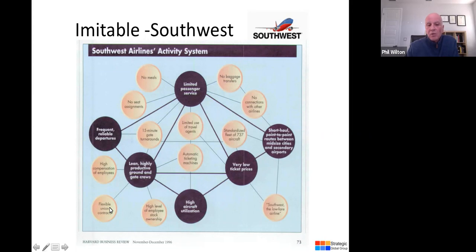They had flexible union contracts so that they mitigated the amount of union strikes going on. And they also gave a high level of employee stock ownership to their gate crews. So when a Southwest plane comes in, everybody makes sure that it gets turned around extremely quickly. So it's a great example of how you can imitate another organization and do things differently.